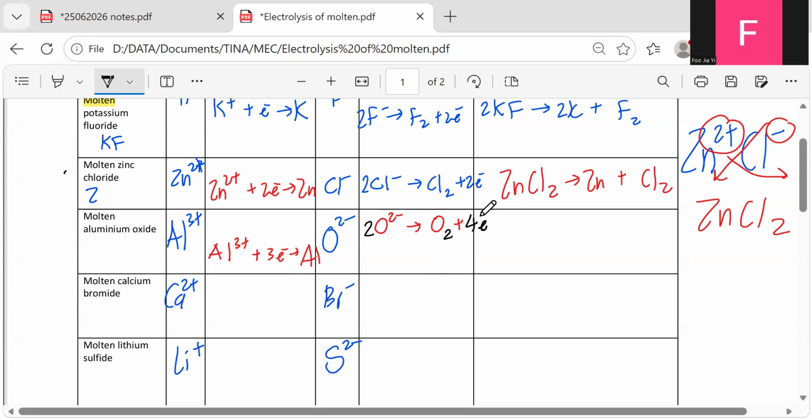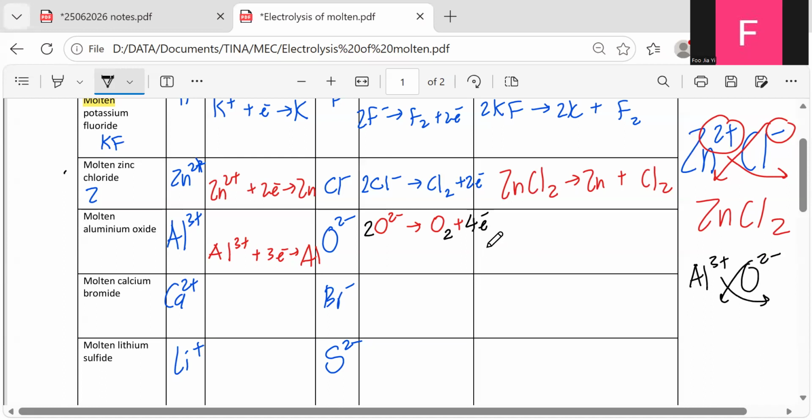So you release 4 electrons. Okay. If Al is Al3 plus and O is O2 negative, what do you write?